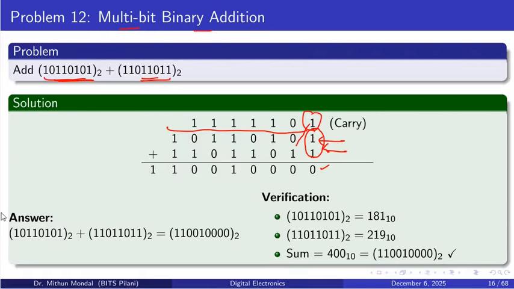This 1 is added with the next bit, which is 0, and we get the carry. This process is repeated and we represent the result. Again, the validation is possible by converting this number and the second number into the corresponding decimal number system to find the actual sum. In the decimal number system, we have 400 as the value of this one.